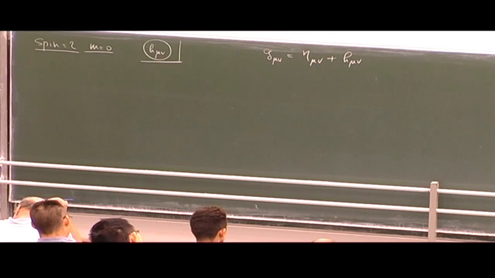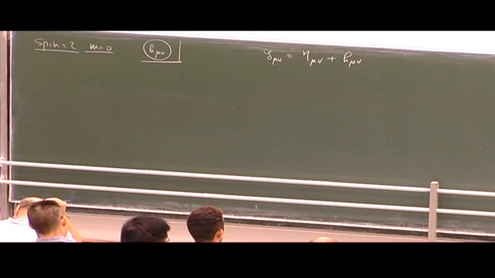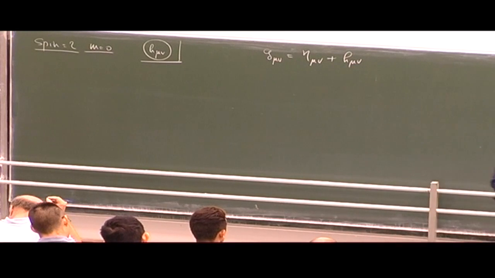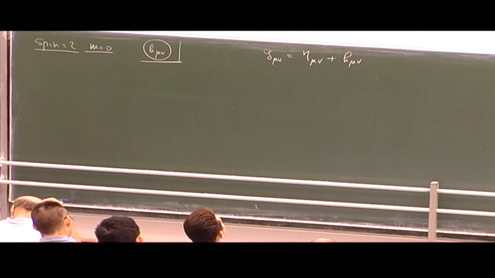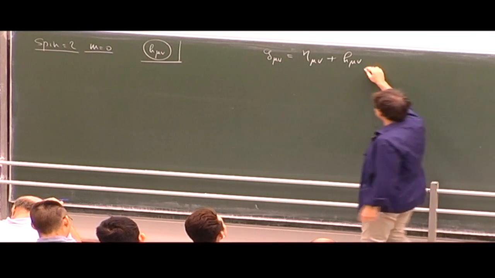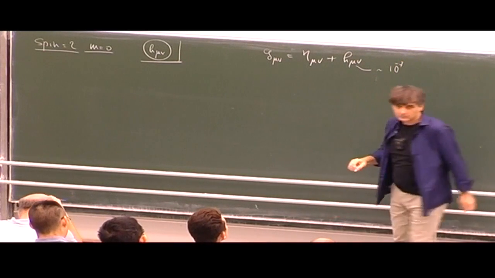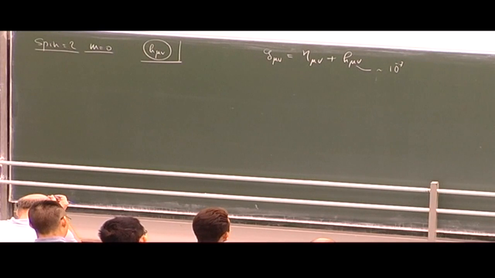Okay? And if you go to that reference frame, the deviation from the Minkowski metric produced by the gravitational field of the Earth is very small. Approximately, this object is about 10 to the minus 7, something like that.